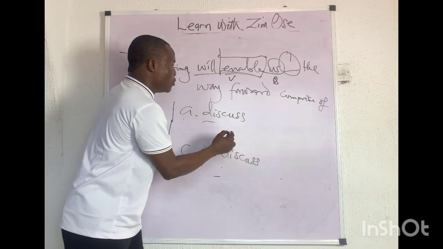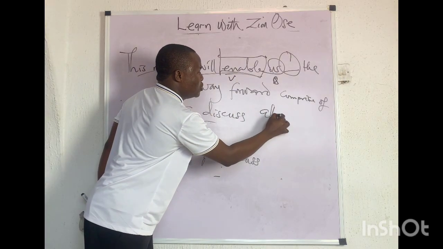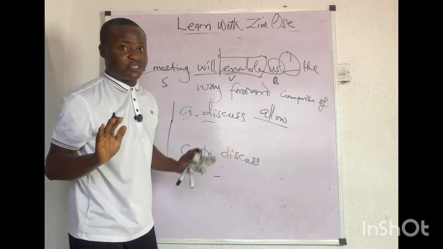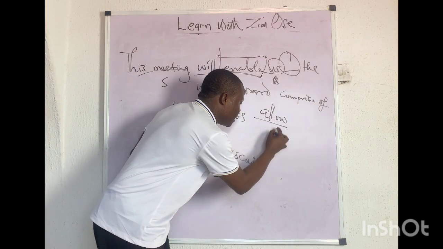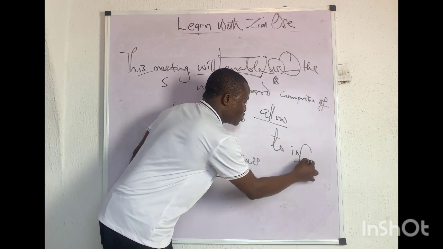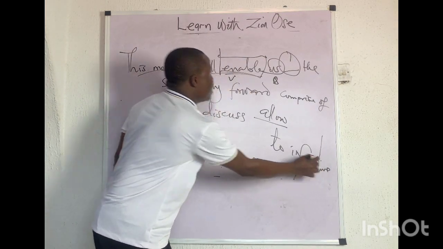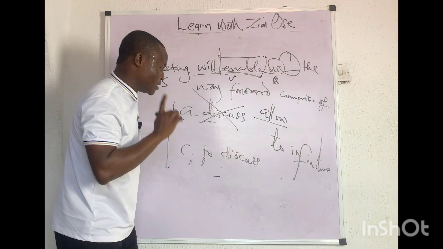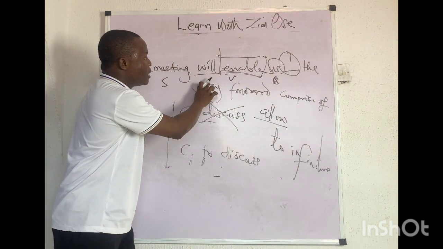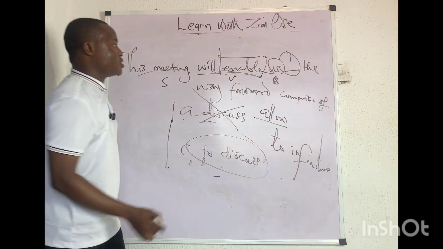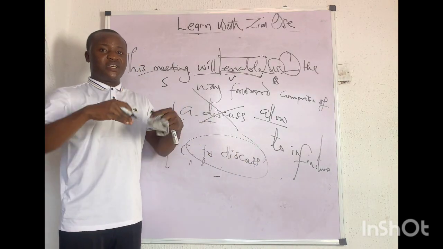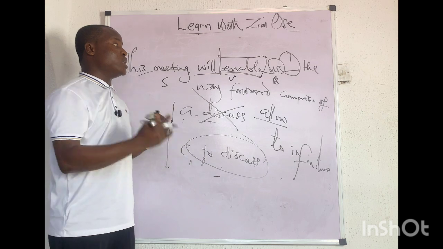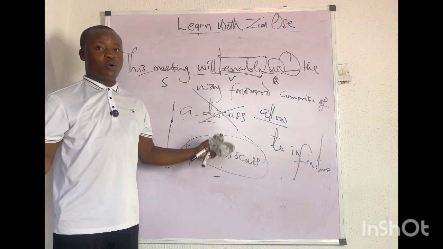Therefore, enable, just like allow, are normal transitive verbs that only take to infinitive. So to say, this meeting will enable us discuss the way forward would be wrong. So rather say, this meeting will enable us to discuss the way forward. Another example, this class here, or Zion's class, will enable you to pass your exam more easily.